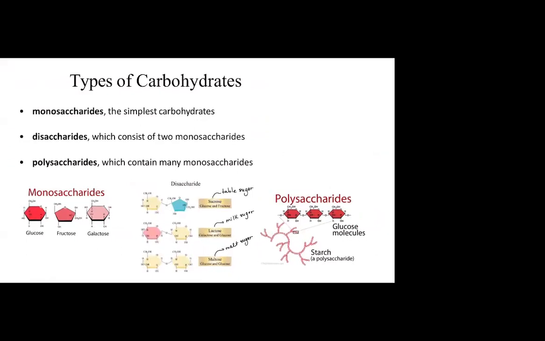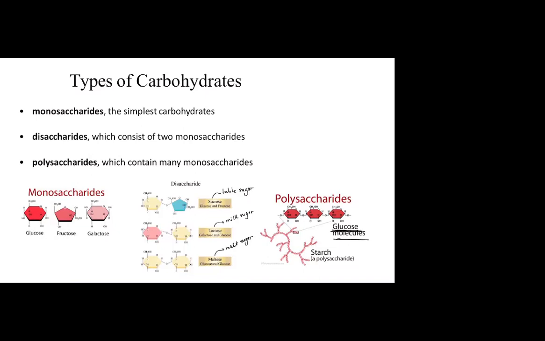Lastly, we have polysaccharides. The prefix poly means many. Polysaccharides are polymers of many monosaccharides. In this course, we are only going to focus on polysaccharides composed of glucose molecules.